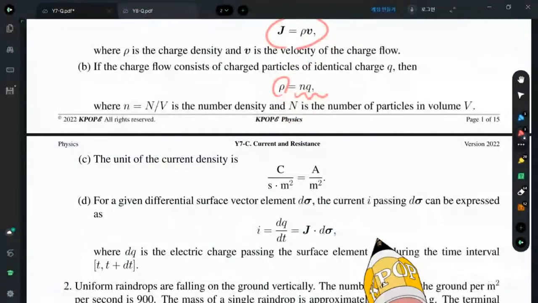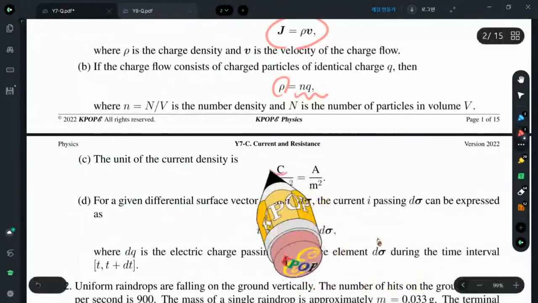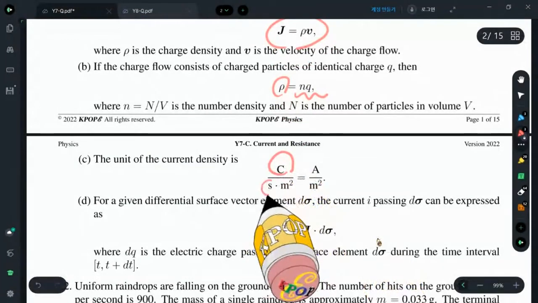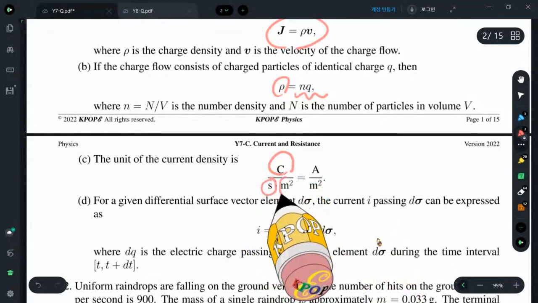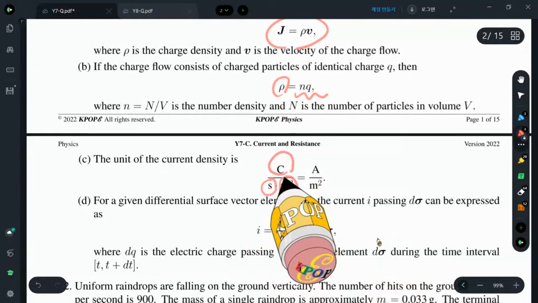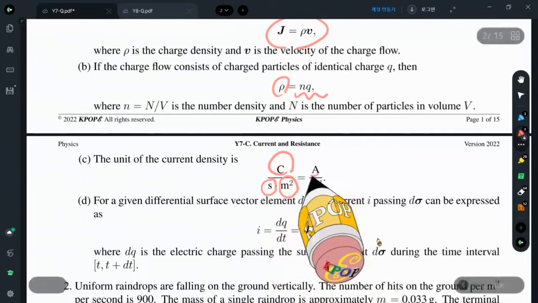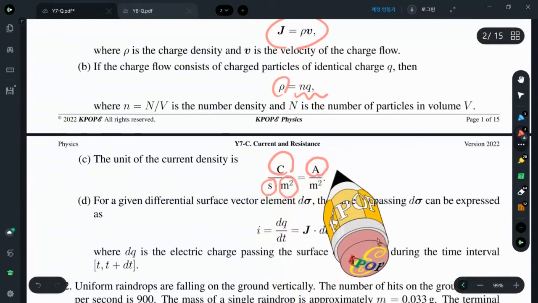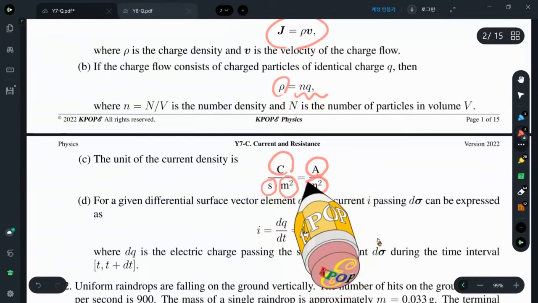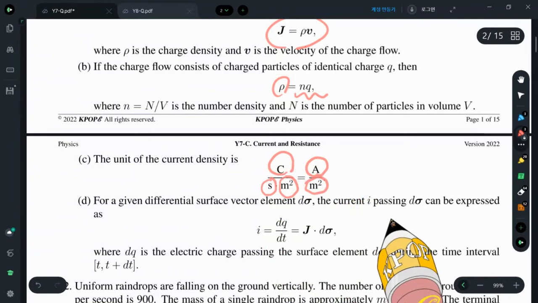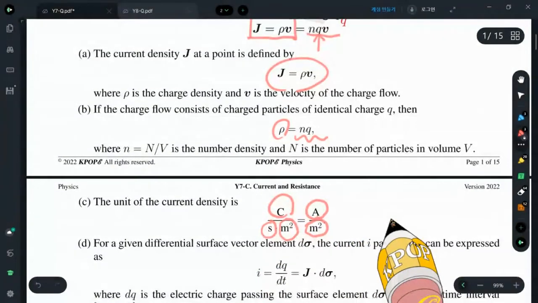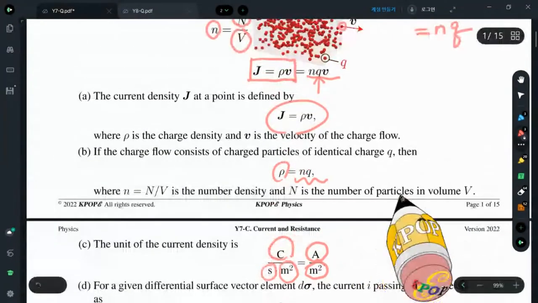The unit of the current density is charge per time per cross-sectional area. So that is charge per time, that is a current in amperes, but divided by the area. Okay.